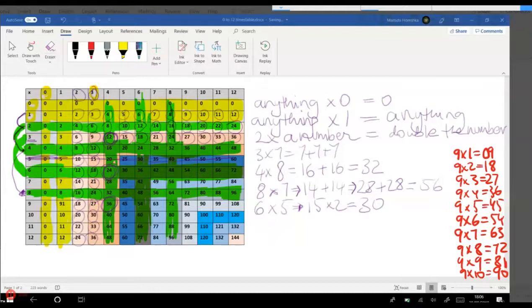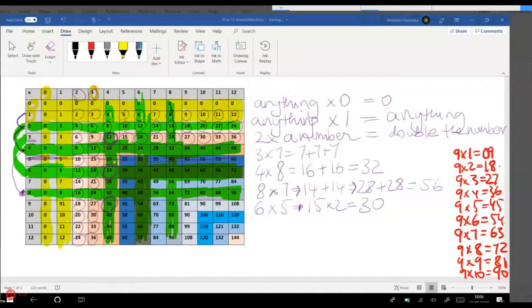So 0 and 9, if you add the digits, gives us 9. 1 and 8 gives us 9. 2 and 7 gives us 9. 3 and 6 gives us 9. 4 and 5, 9. 5 and 4, 9. 6 and 3, 9. 7 and 2, 9. So all of these, if you add the tens digit and the units digit, add up to 9. So we know that the two digits will add up to 9.